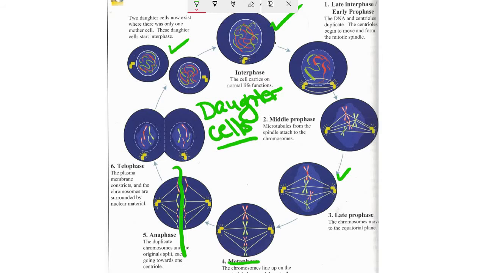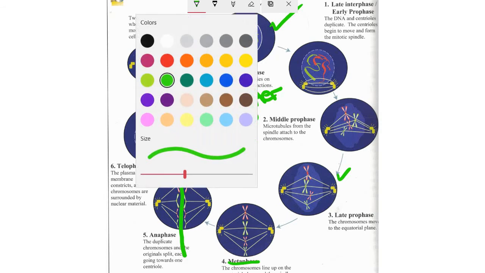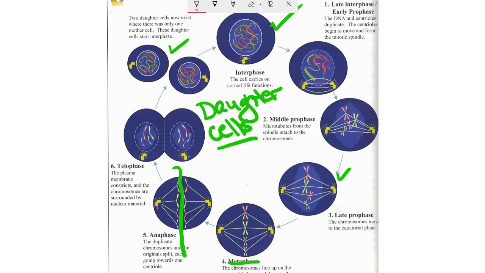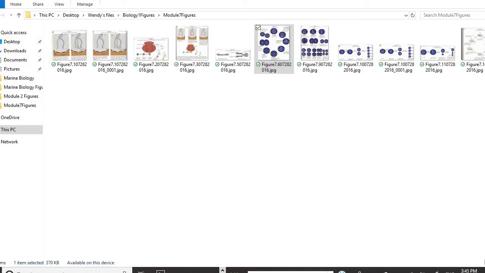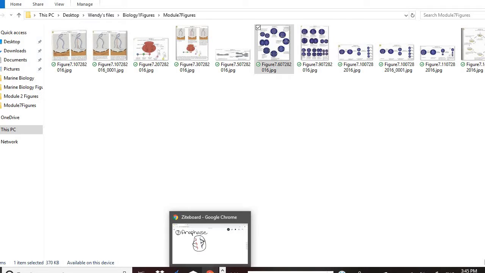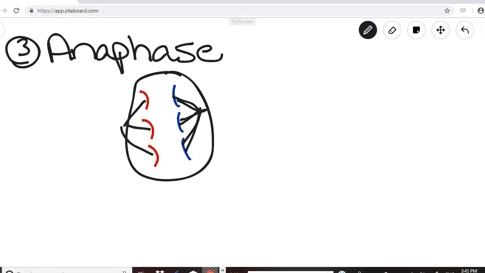In telophase, the plasma membrane pinches off so that you end up with two daughter cells that are exact copies of the mother cell that you started with. Okay, so that is mitosis. That is how we go from having one cell to having multiple cells that look exactly like the original.